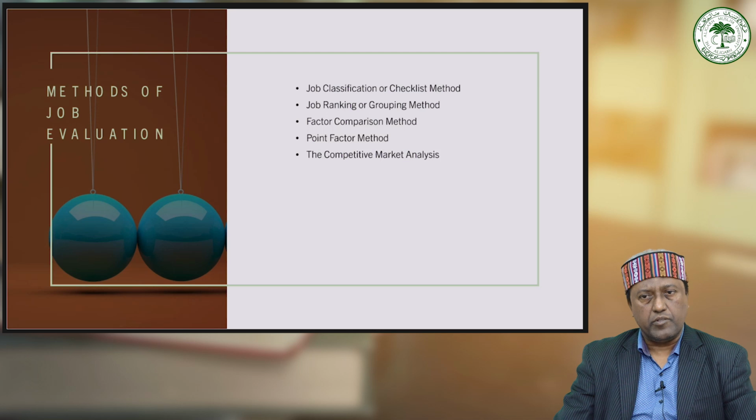The next step is decision making. Using the insights gained from the competitive market analysis, organizations can make informed decisions about the compensation and positioning of the job within their organization. This may involve adjusting salary levels, offering additional benefits, or revising job responsibilities to align with market trends and organizational goals.